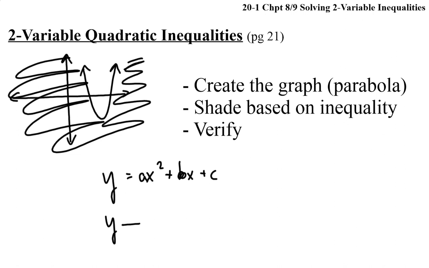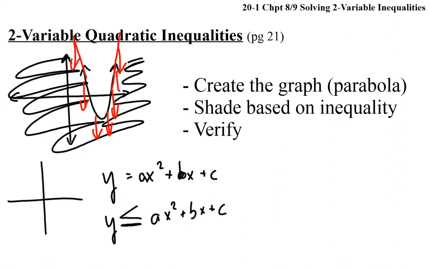That means it's all the points, technically, if I extended this forever, those are all the points under the parabola. So in this case, I would have y is less than or equal to, because it was solid, ax squared plus bx plus c, whatever my equation was.